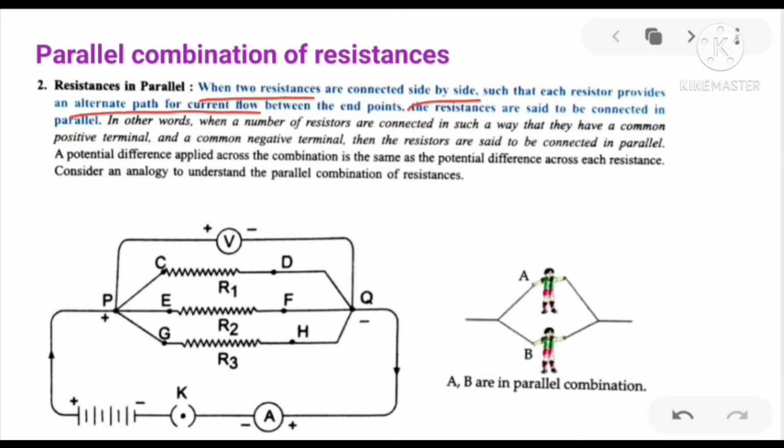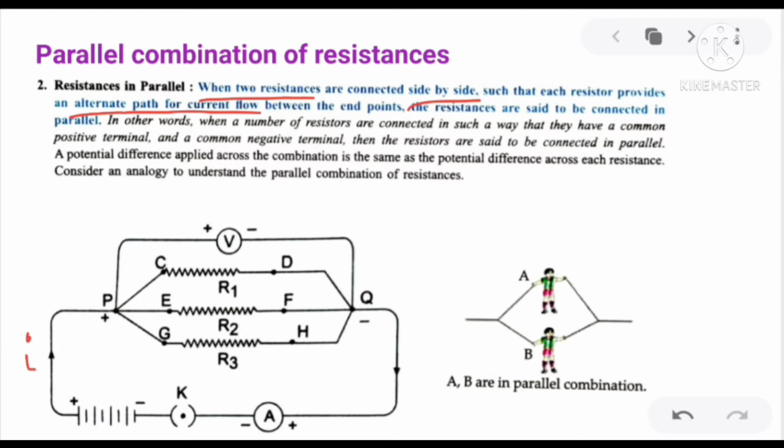Try to understand this one. Each resistor provides an alternate path for current flow between the endpoints. See here, this is the source of current, a battery, and current I is flowing through this.